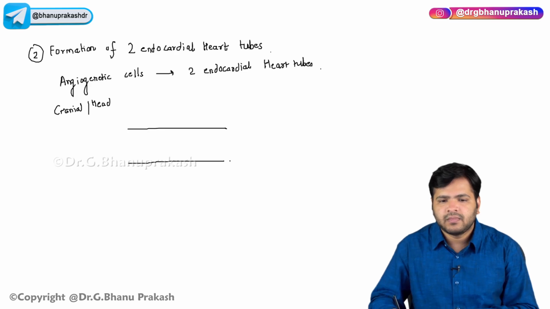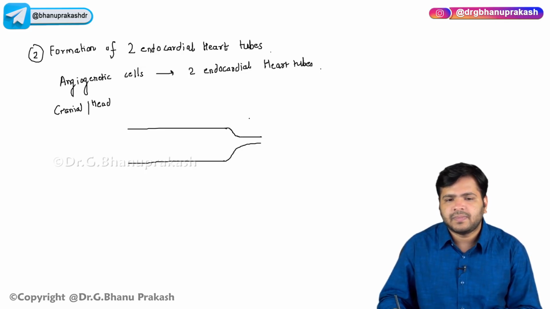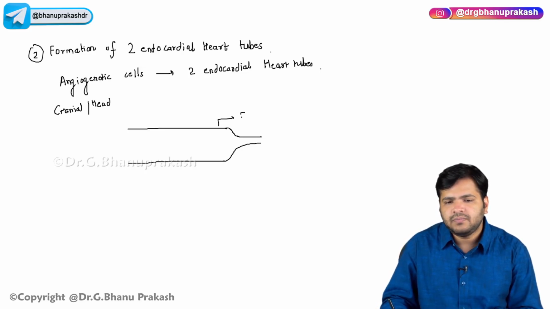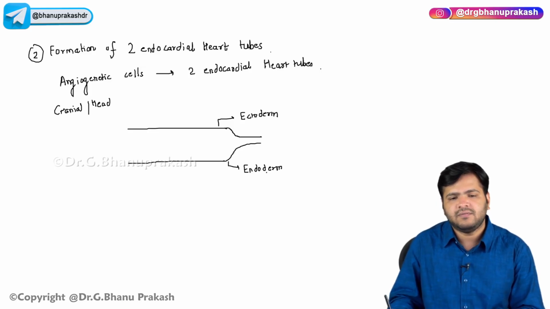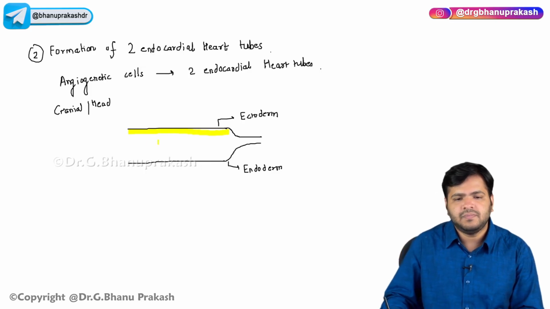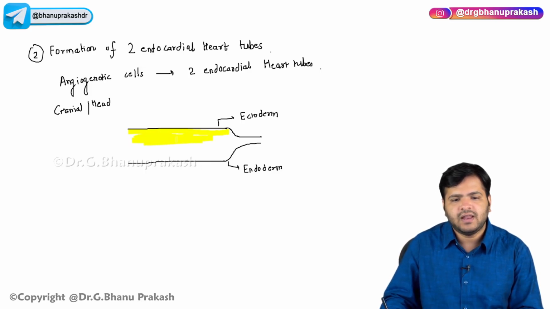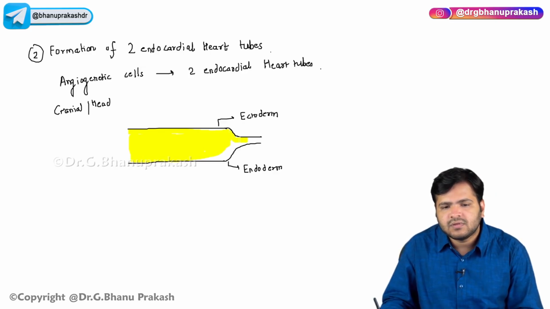So you already know that this is the ectoderm, this is the endoderm, and in between we have this mesoderm. So now what will happen? Just try to highlight this.